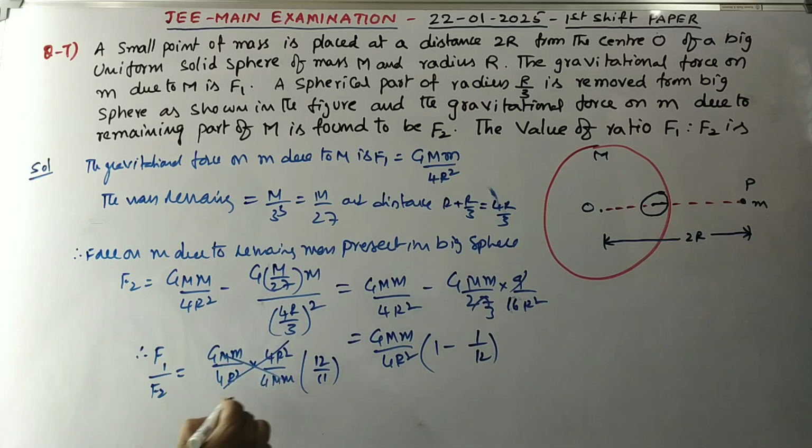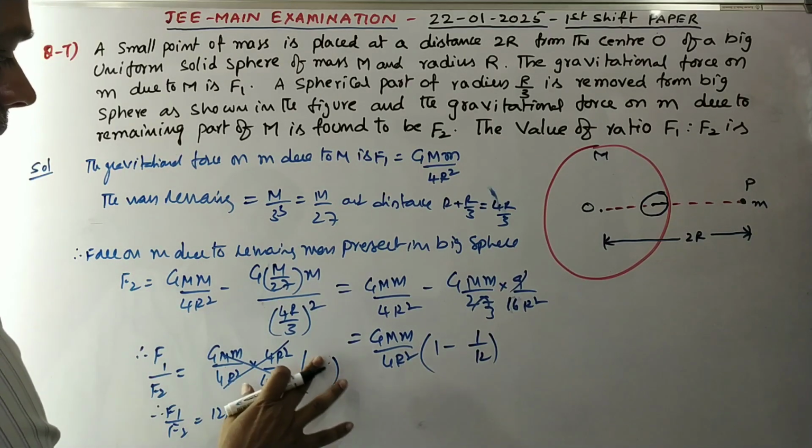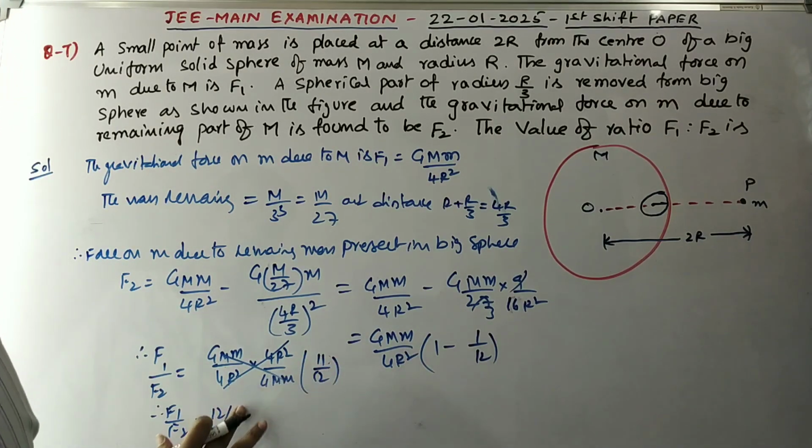So this is cancelled. Therefore, f1 by f2 is equal to what? 11 by 12. Sorry, 11 by 12. So the answer for this question is 11 by 12.